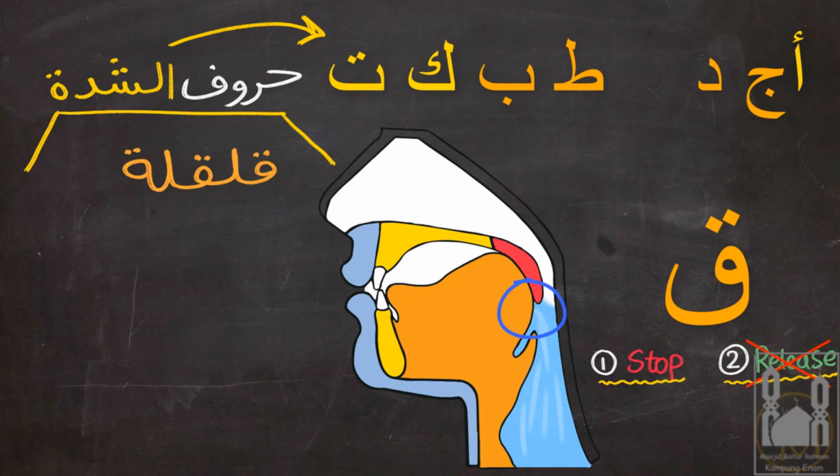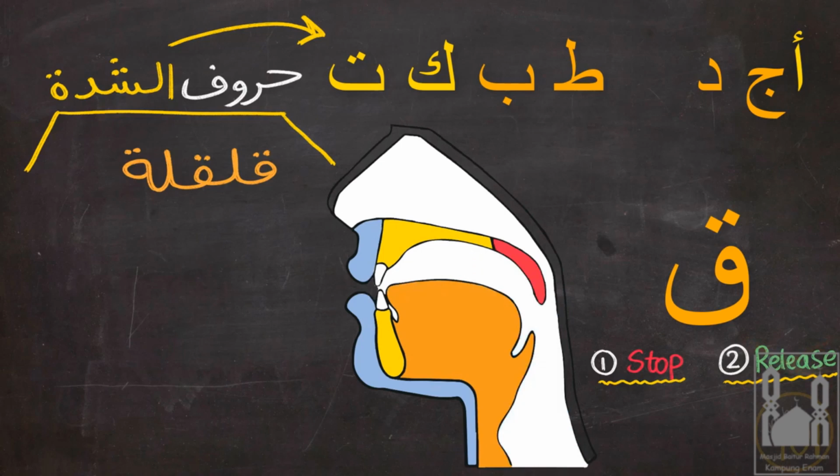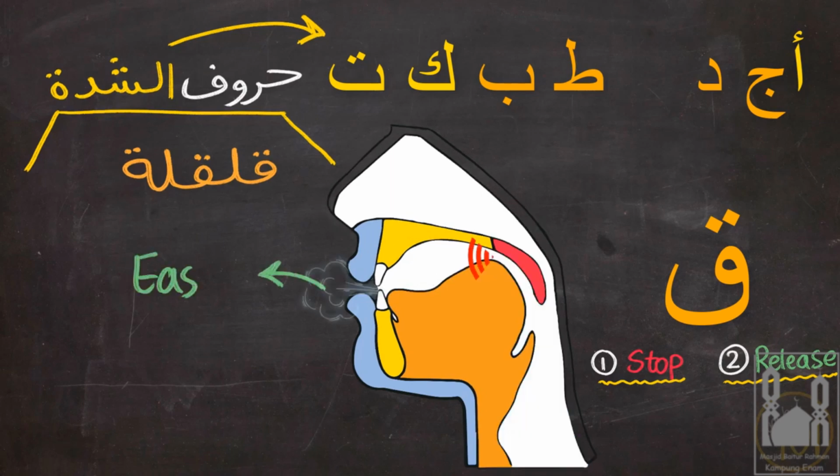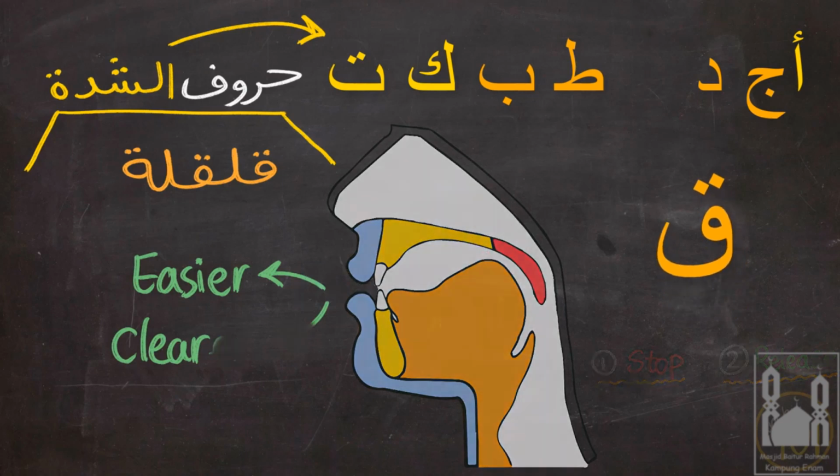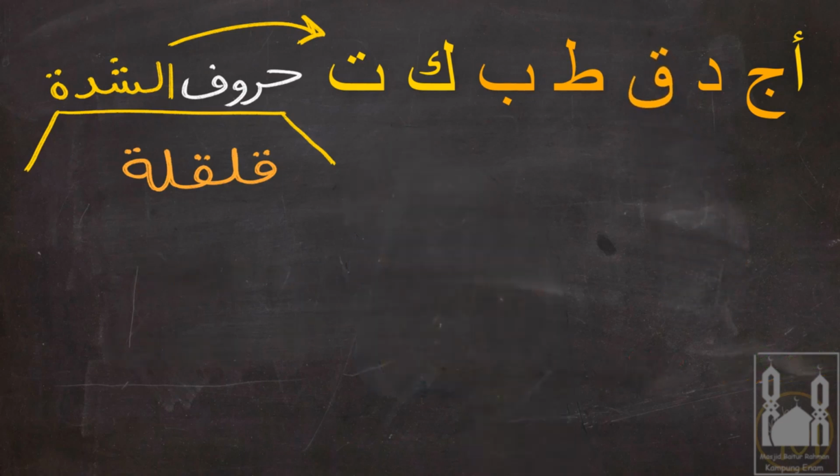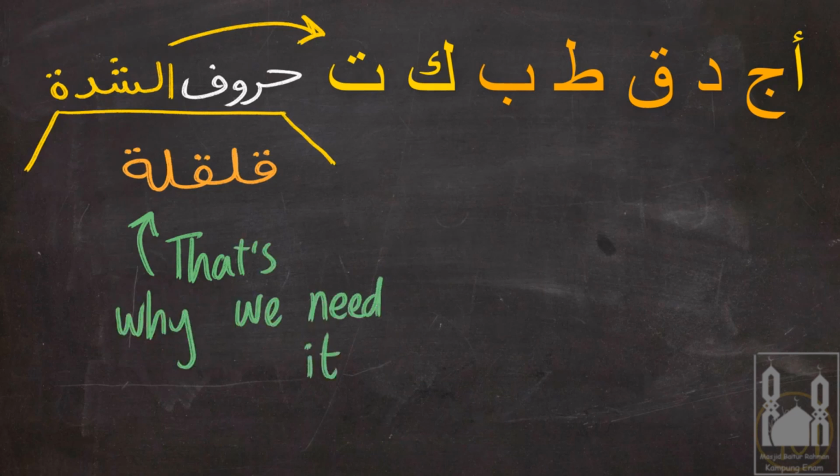However, if we release the air and say aqqo, aqqo, the sound is now more comfortable to pronounce and it is clearer to differentiate. That's why Arabs used qalqala with these letters in their speech to differentiate them from one another, and because it is easier to pronounce them like that.